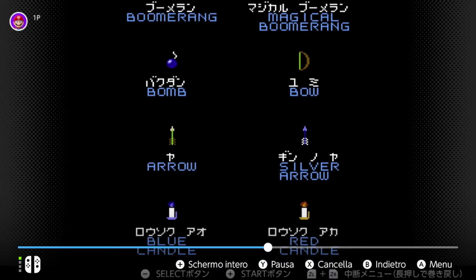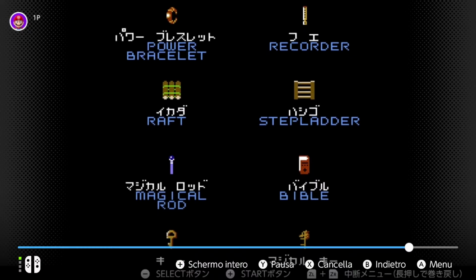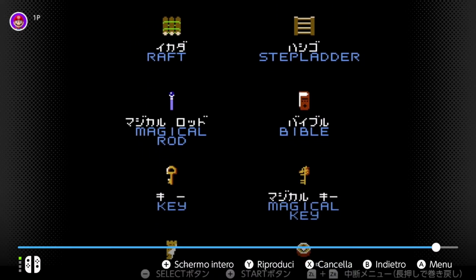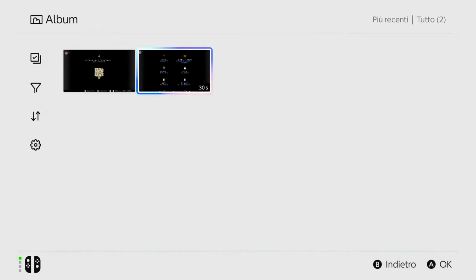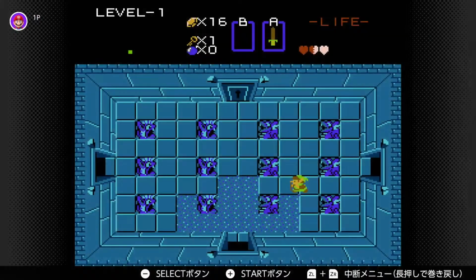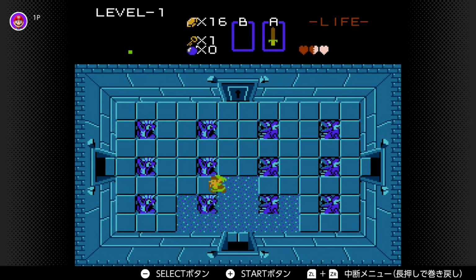Let's see if I recall correctly, it was at the end. Yep. As you can see here, the key, in this case simply called key, also in Japanese, yes, from English key. Okay, can continue.